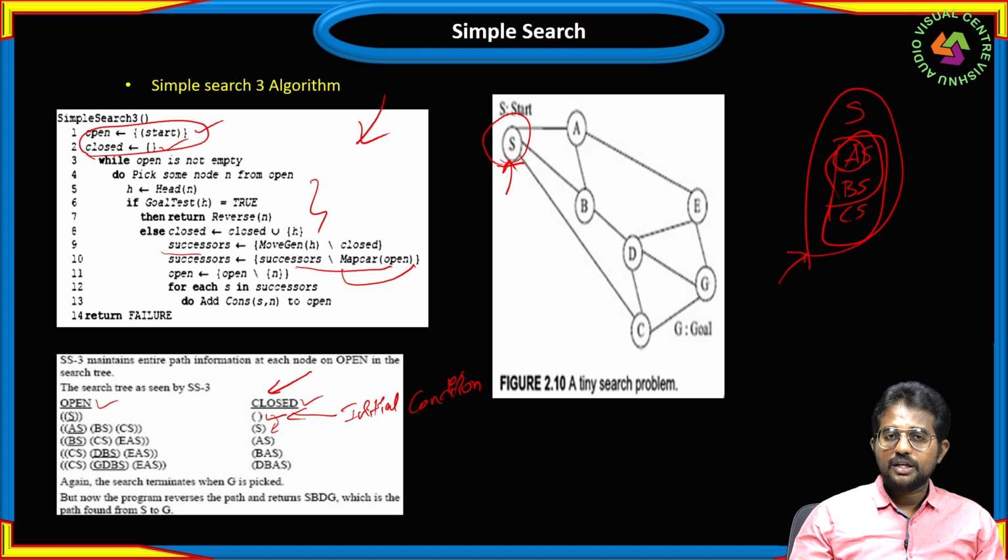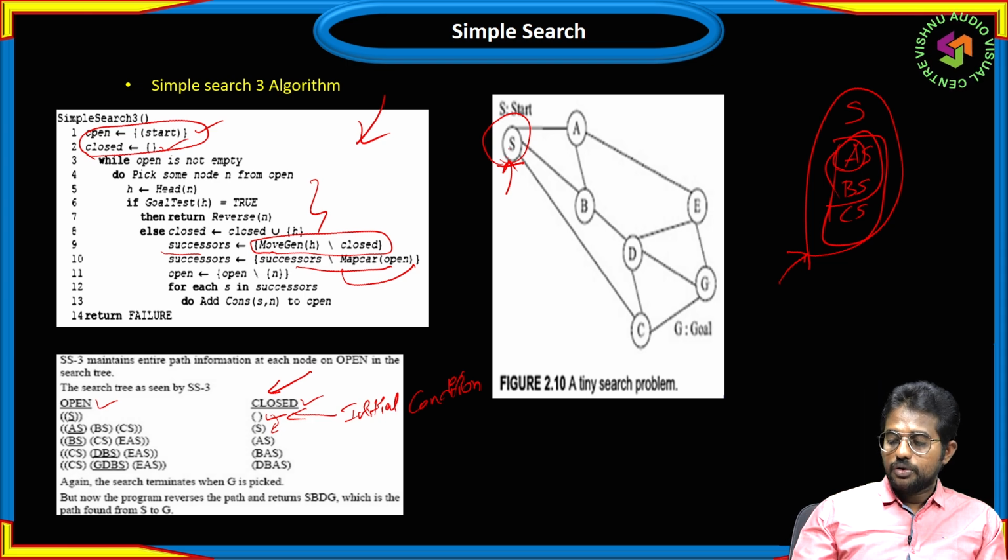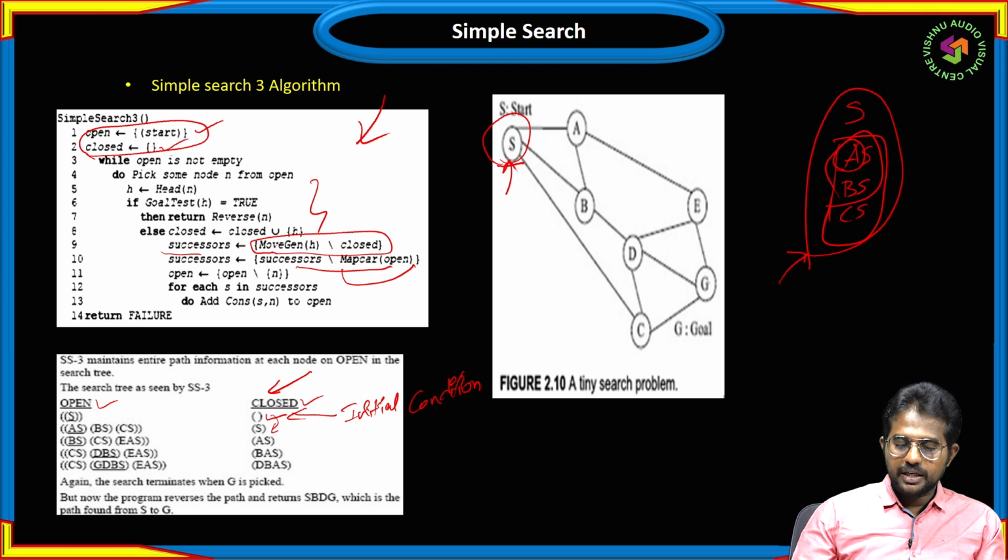In these successors, whatever elements are in the open data structure will be deleted, and we will also delete the elements that are present in the closed data structure. Initially closed is empty, and after deleting S, open is also empty. So these A, B, C elements will be directly added.